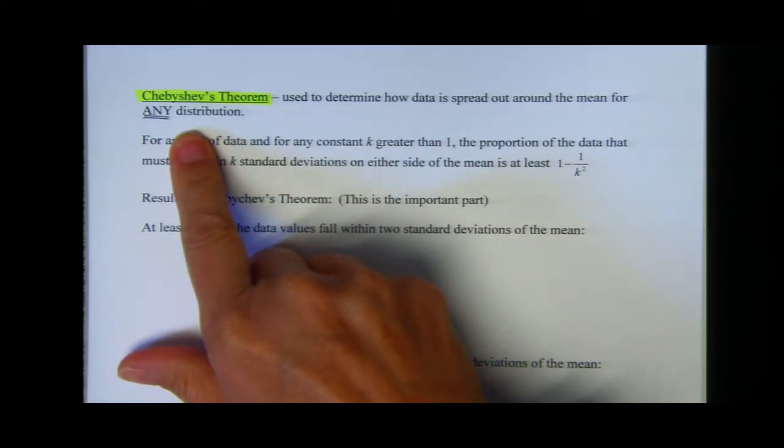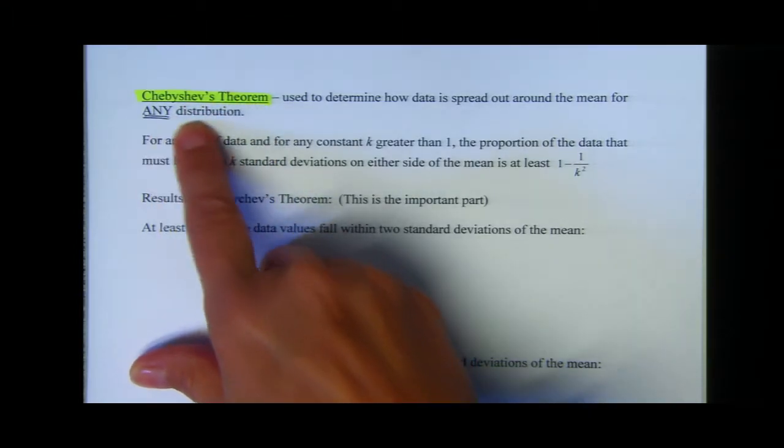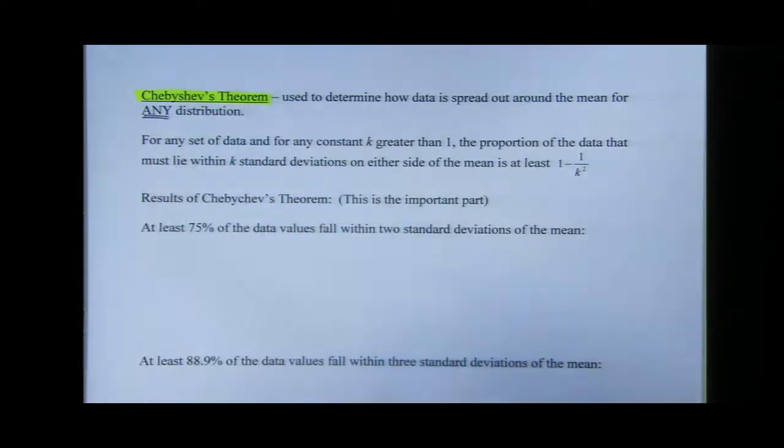If you recall back, we talked about the different distribution shapes. We talked about symmetrical, in chapter 2 when we did our histograms. We had bimodal, uniform, or rectangular, and we had skewed left or skewed right. So what this tells me is this theorem holds true for any distribution.